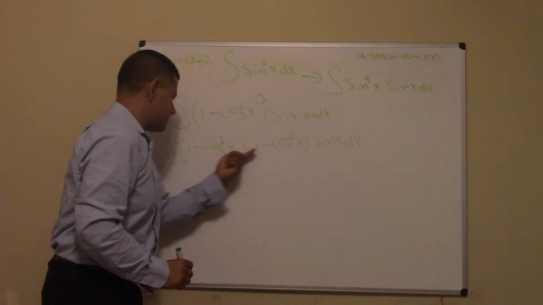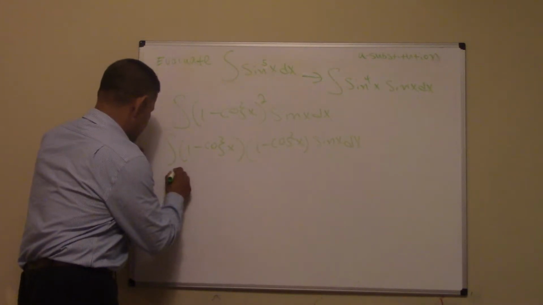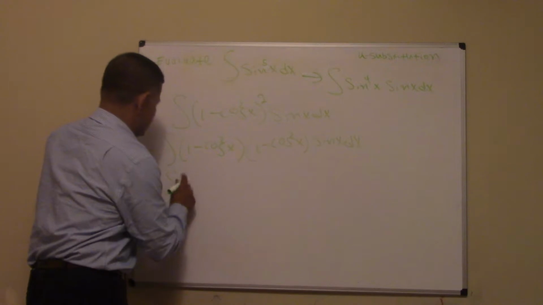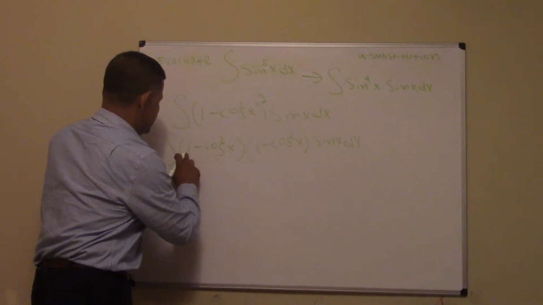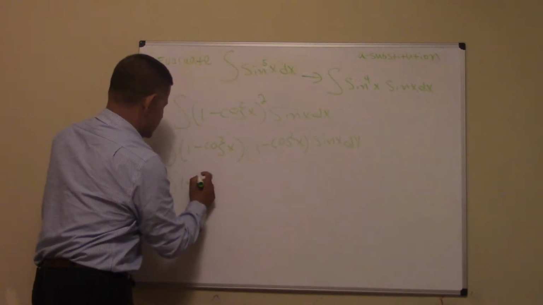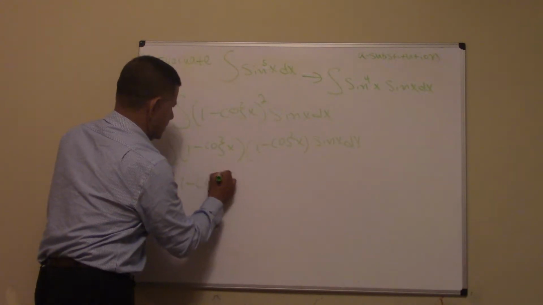When I distribute this, I get the integral of 1, right? This times this is 1. This times this is negative cosine square x.